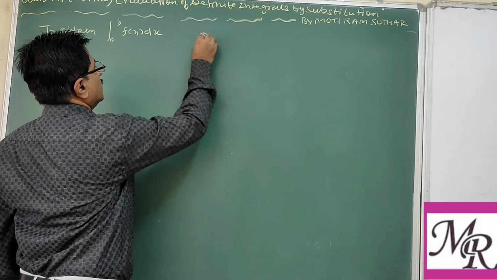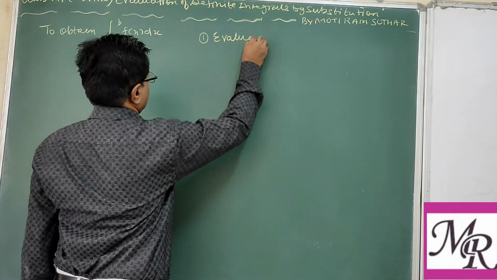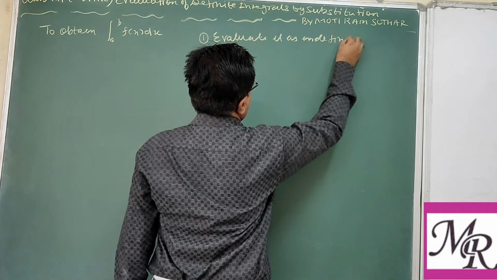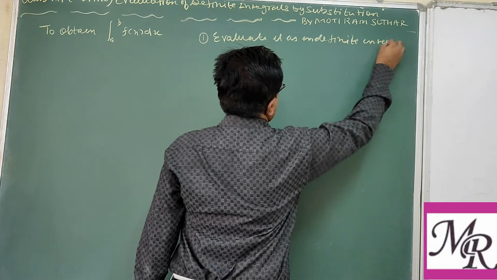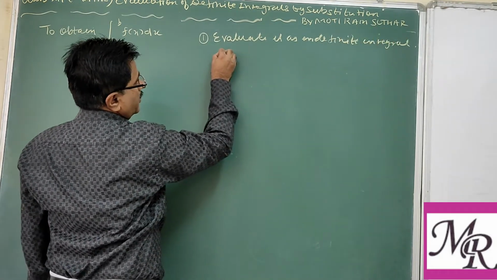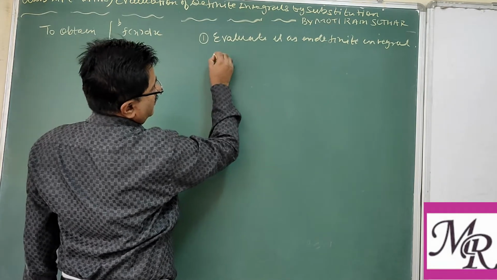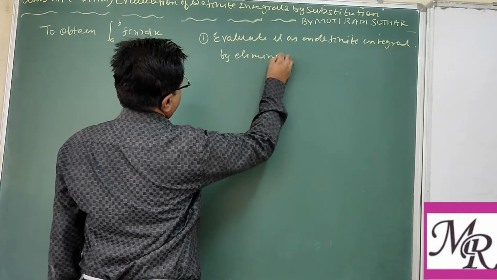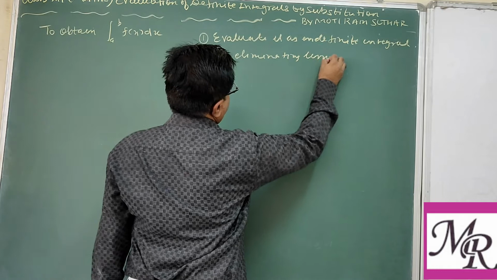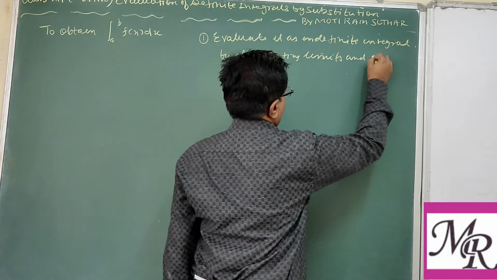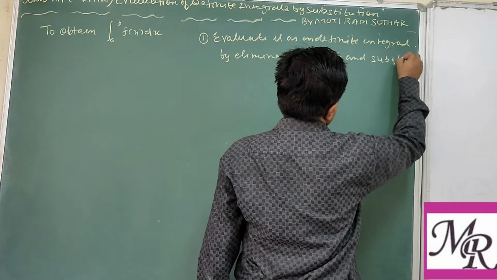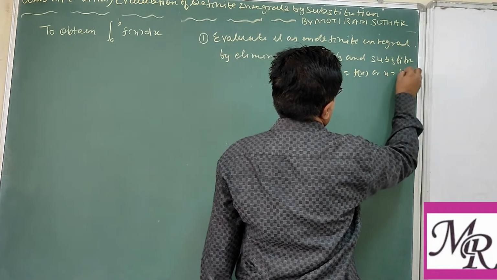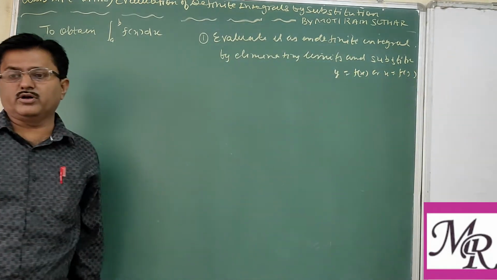First of all, we evaluate it as an indefinite integral by eliminating the limits, and substitute. We have to use either y equal to f(x) or x equal to f(y). This is the substitution method we already learned.